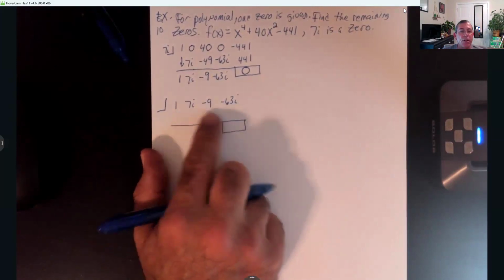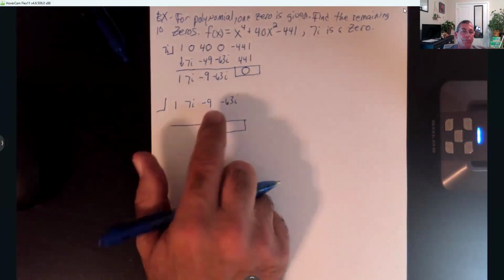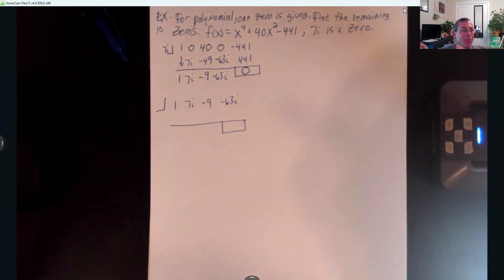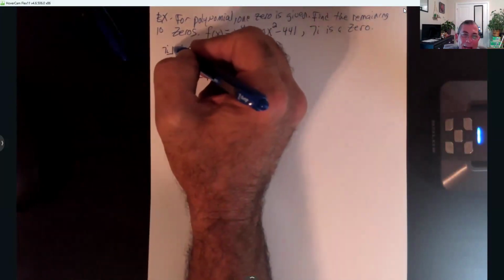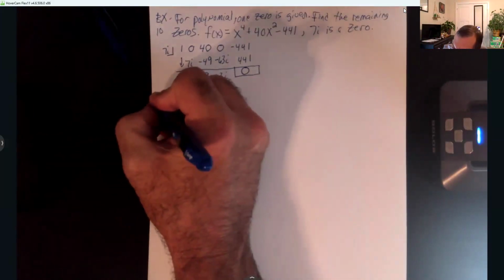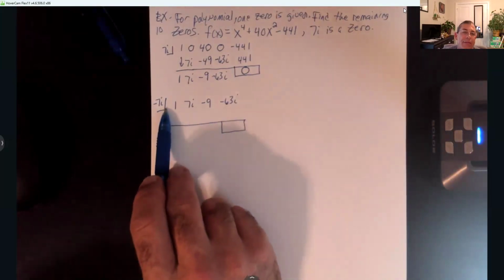So what is another number I can check with this polynomial? Oh, Nat, look at you go, girl. Because we know if 7i is a 0, then we better check a negative 7i. So the first of my other zeros is going to be that negative 7i.